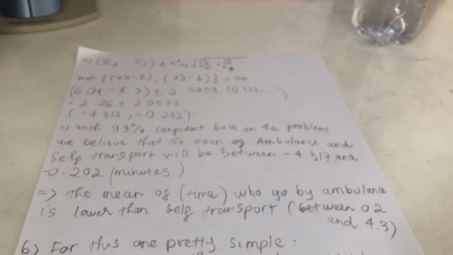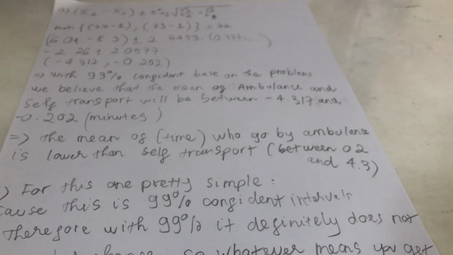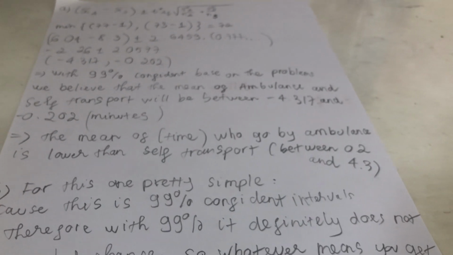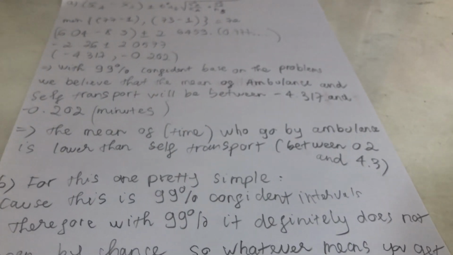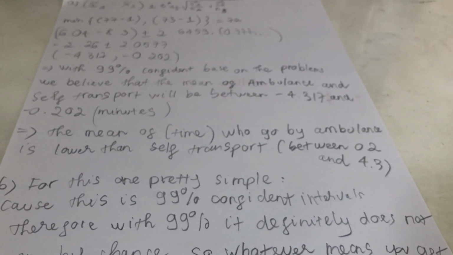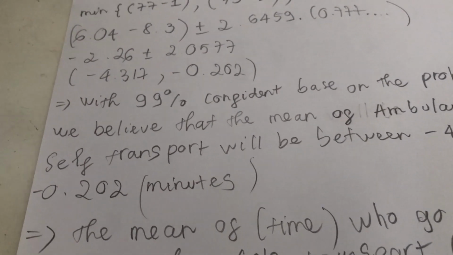Basically that's what I got from the equation, and the mean time of those who go by ambulance is lower than self-transport, and of course it's between 0.2 and 4.3 as in the equations that I've already solved. So pretty basic and simple for A.